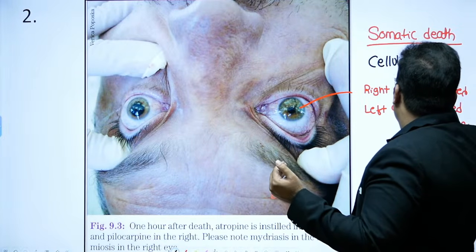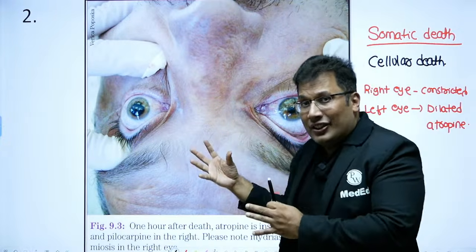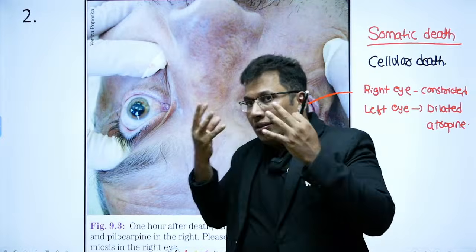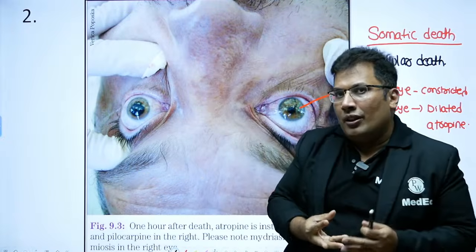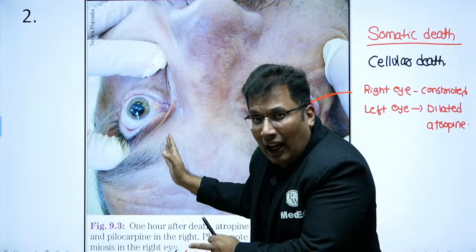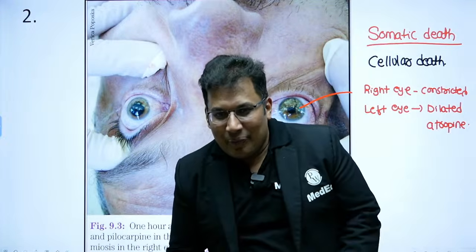So my question, guys, what is the stage in this dead body that is showing some response to the atropine, that is usually up to 1 to 2 hours? Is it somatic death or cellular death? Come on guys.